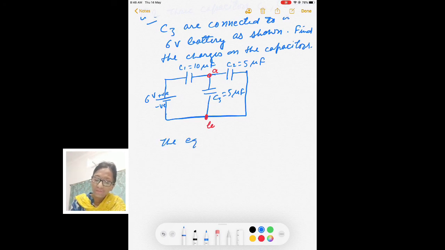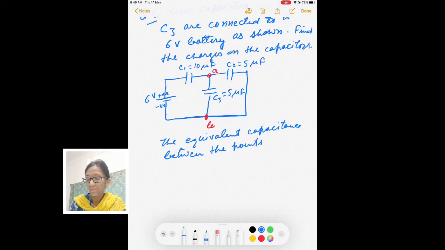The equivalent capacitance between the points A and B, C equivalent. Okay, let me write it only C. C is equal to, since the combination is of parallel kind, the two capacitors are connected in parallel.